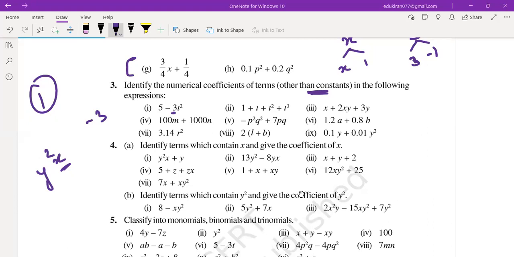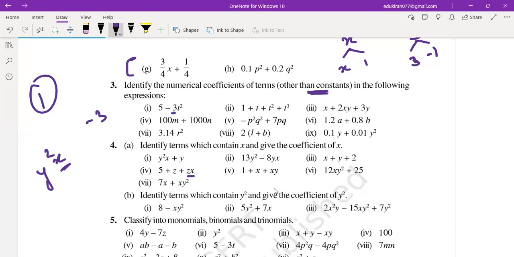Fourth one, right? Tell me. The term is zx, and the coefficient is z. Why not x? Wait a minute, let me read the question. This one you are doing, zx, yes. And the coefficient will be z.